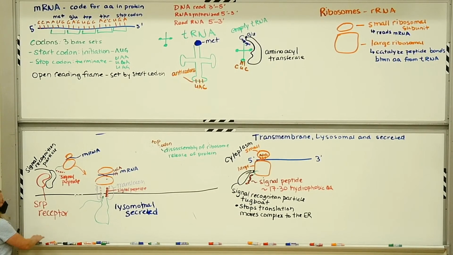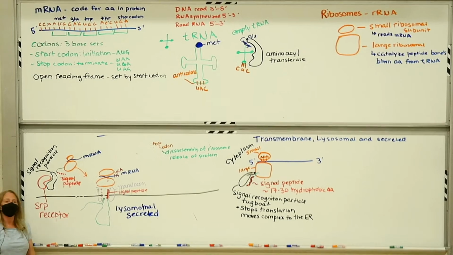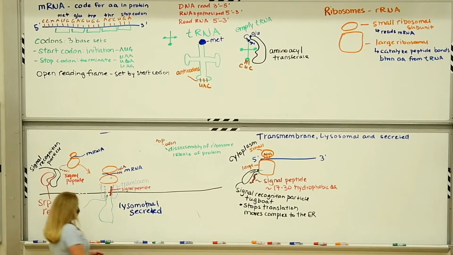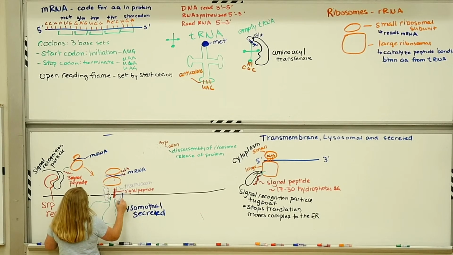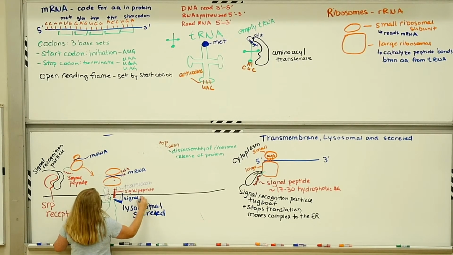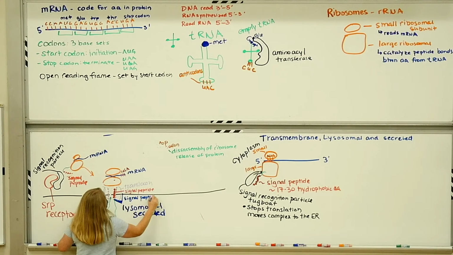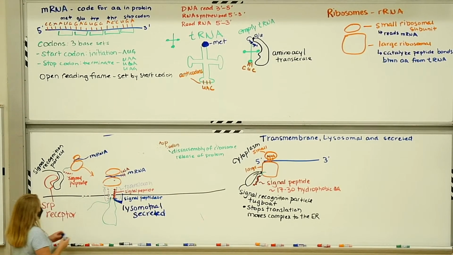The last step that we have here is to cut off this signal peptide. That signal peptide was just a signal to move this here. Once we're done with it, we cleave it. So we're going to have yet another protein. This is a signal peptidase. And that just means it cuts off that signal peptide.